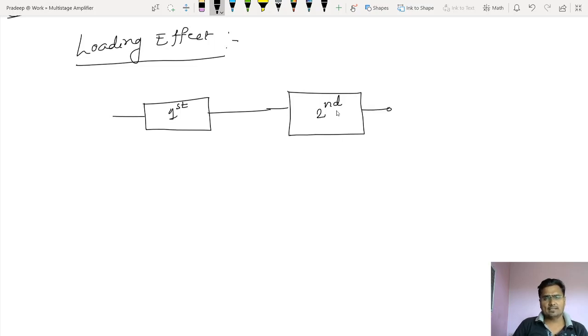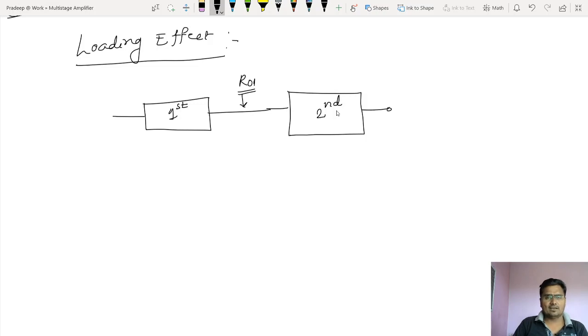Now if I look at this point, some impedance will be there. Let me call it the output impedance of the first stage, RO1. I'm just thinking about stage 1. Actually, what is that RO1 that I have written here?